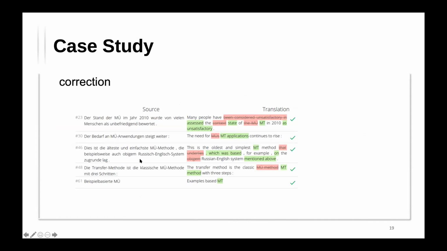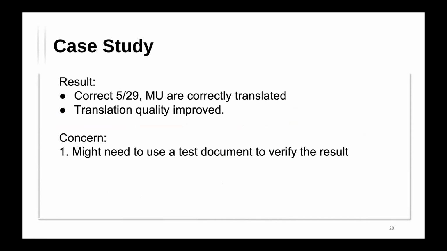Yeah, and the correction should look like this in the document view. And yes, in the case study result, they show that the MUR are all correctly translated and the translation quality improved.